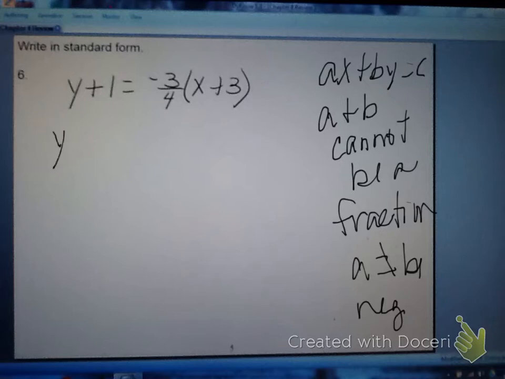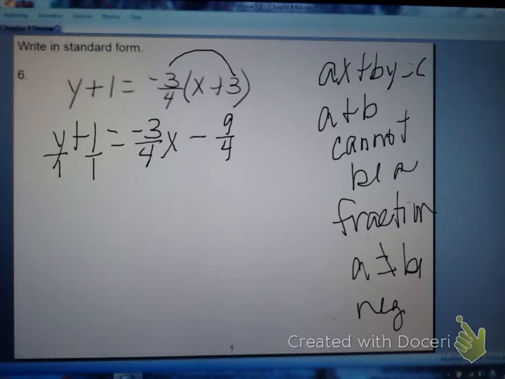So that's y plus 1 is equal to negative 3/4 x. Negative 3/4 times 3 is negative 9/4. Okay, so that's y over 1 and 1 over 1. I have to clear my fractions by multiplying each term by the least common denominator. The least common denominator is 4.